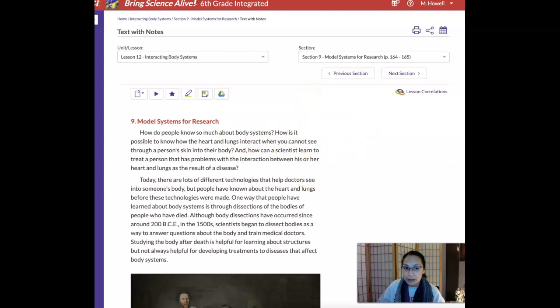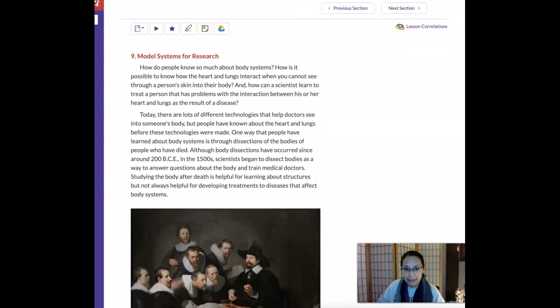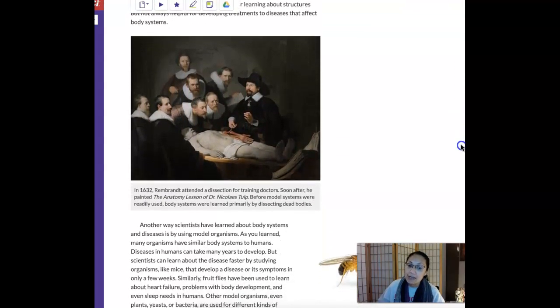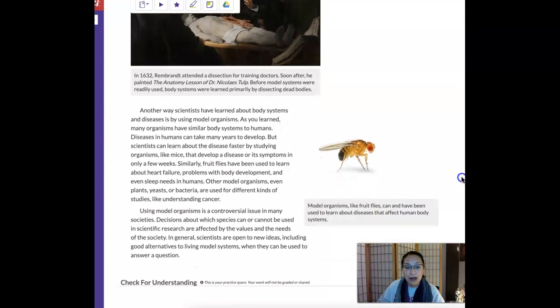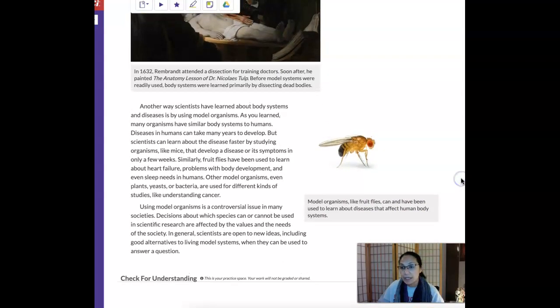So read this page and see what you can find that backs up a claim that says yes, dissecting organisms is helpful for humans. Something like maybe this one: many organisms have similar body systems to humans.